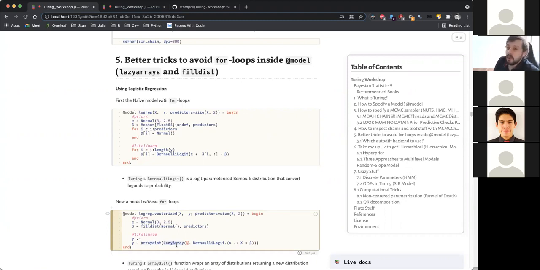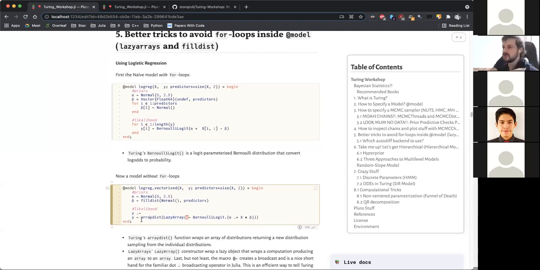You will have more performance, although I cannot explain why. It's more performant if you use a lazy array, and if you also use the array of distribution. That's this function in Turing with the lazy array.